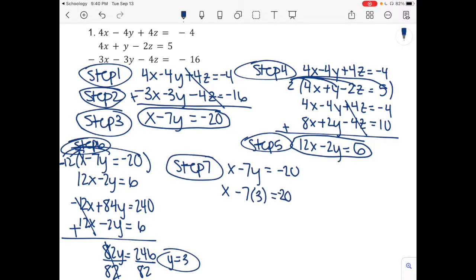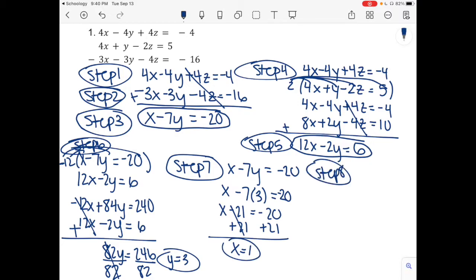So negative 7 times 3 is negative 21. X minus 21 equals negative 20. And I'm going to add 21 to both sides. So x is equal to 1. So step 8. We're almost done. Plug both variables you have solved for so far into the original equation. So we got to pick one.